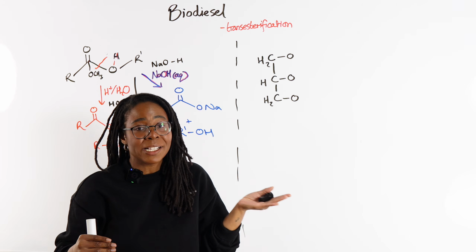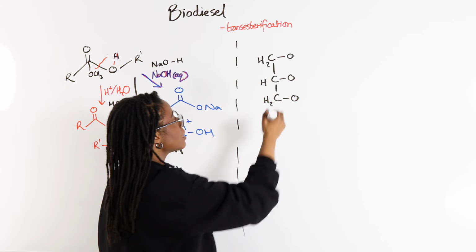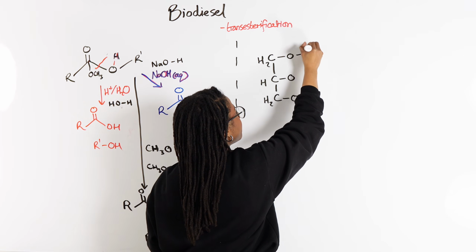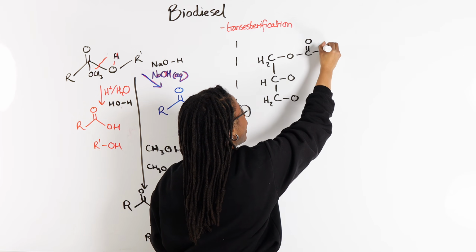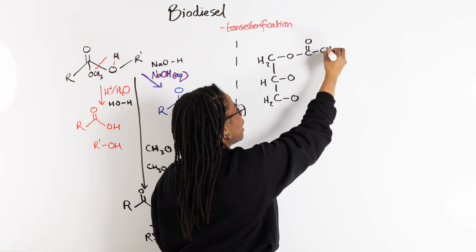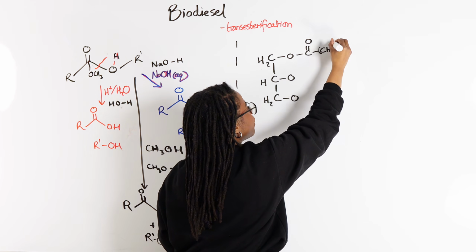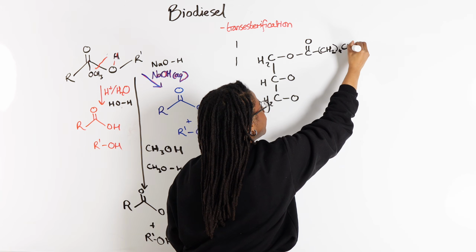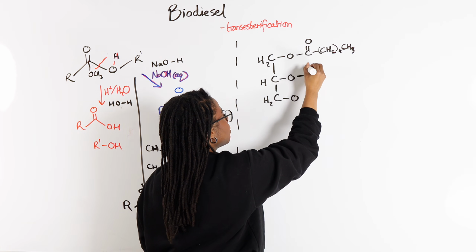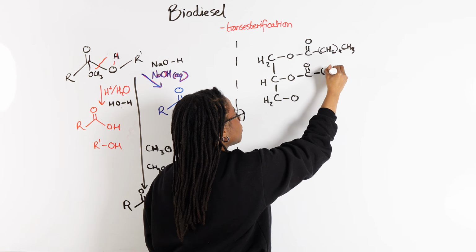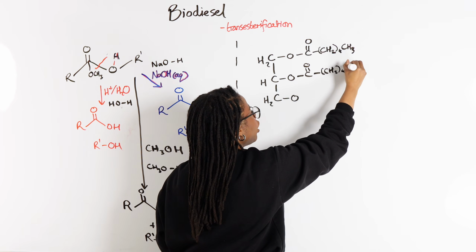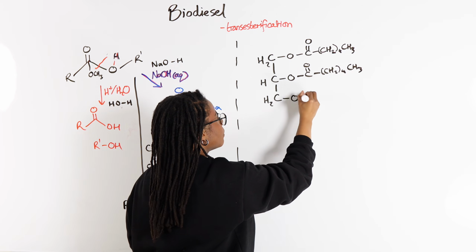Those fatty acids can be the same as each other or they can be different. What should we make them? Let's keep it simple. I'm just going to say CH2, 4, CH3, and let's make them all the same. Okay, so a long chain fatty acid.